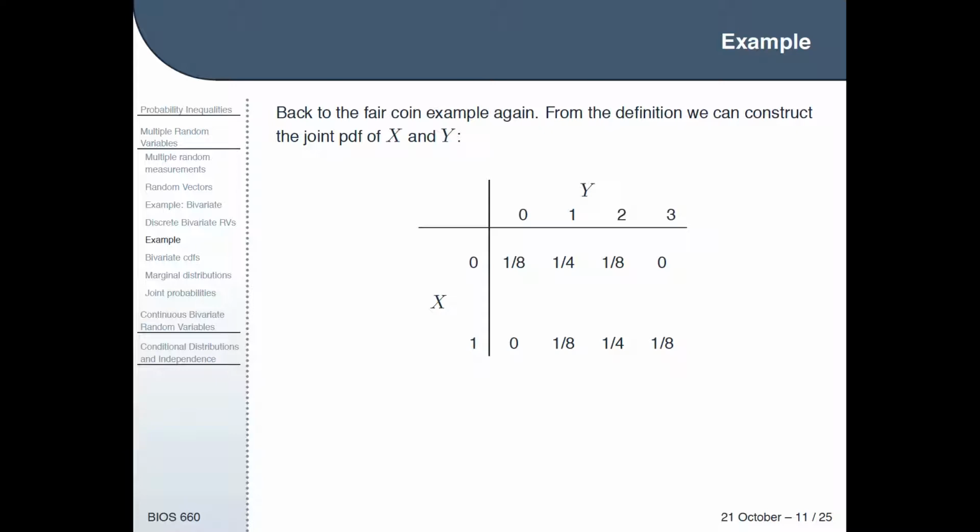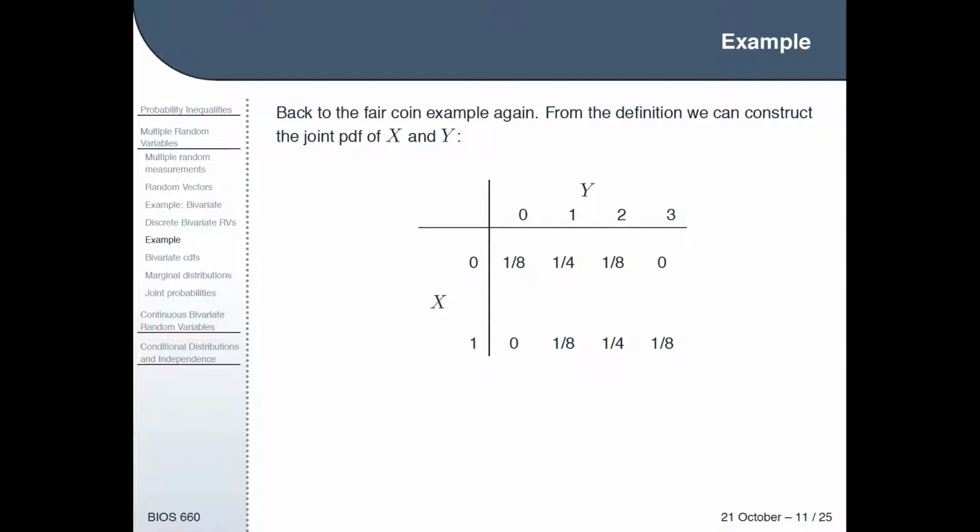Say like the probability that x equals 0 and y equals 0 is 1/8, because that only happens if you get tails 3 times. Similarly, the probability x equals 1 and y equals 1 is 1/8. That only happens if you get 2 tails followed by a head. The probability that x equals 0 and y equals 1 is 1/4, because that can happen in one of 2 ways.